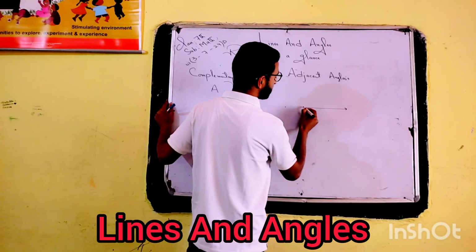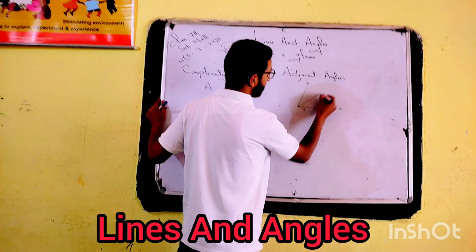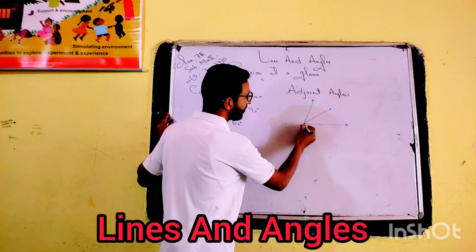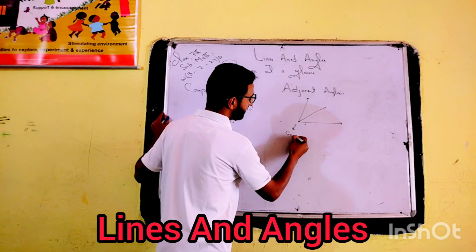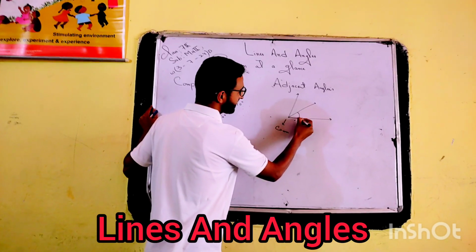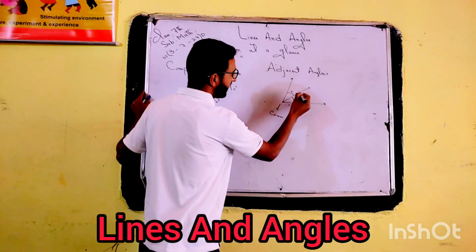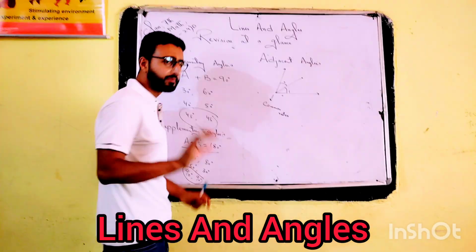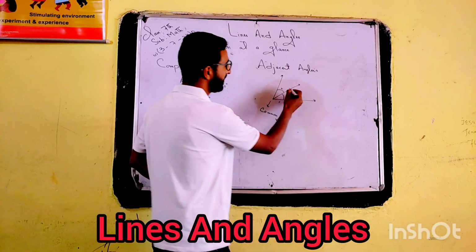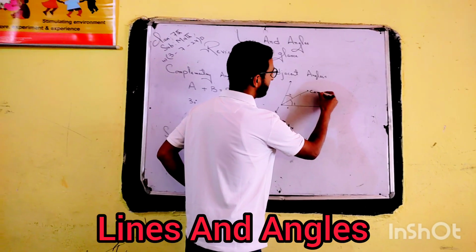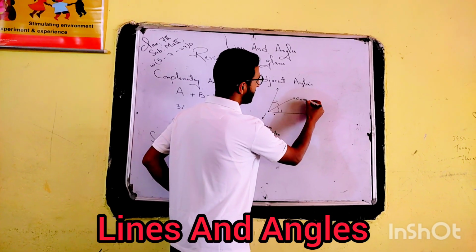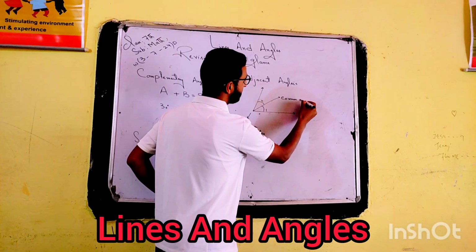Two angles are said to be adjacent if they have the common vertex. है ना? Yes, sir. ये दो एंगल्स, फॉर एग्जाम्पल ये एंगल 1 है और ये है एंगल 2 है. दे हैव द कॉमन वर्टेक्स. नंबर 1 कंडीशन. नंबर 2 दे हैव द कॉमन आर्म. ये आर्म इस एंगल की भी है, एंगल 1 की भी है और एंगल 2 की भी है. कॉमन आर्म. ठीक है ना?